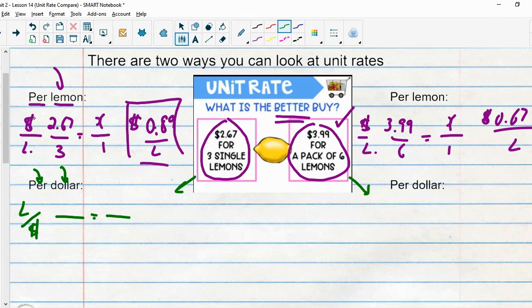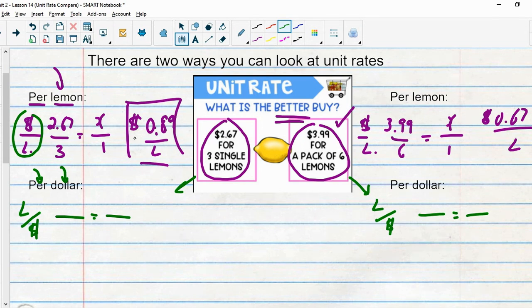If you want to do dollars per lemon, you can do that. If you want to flip the ratio upside down and do lemons per dollar, you can do that too. The only thing is, your proportion is going to look a little different. Let's set this up and see if the answer changes. It shouldn't, because a better deal is the better deal, but let's just see for mathematics' sake.